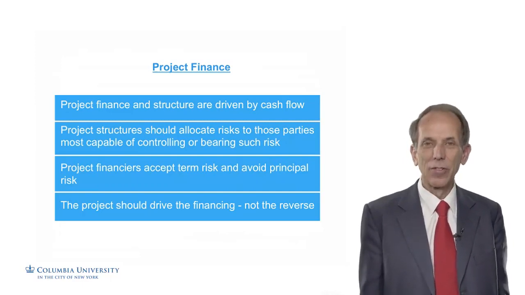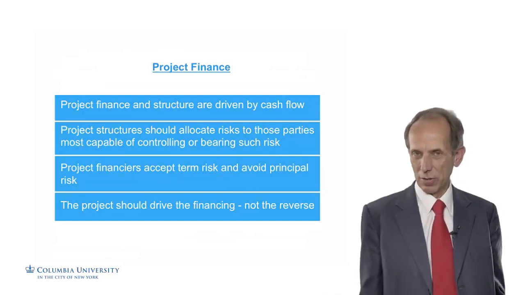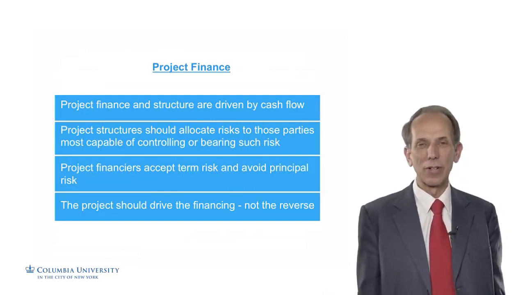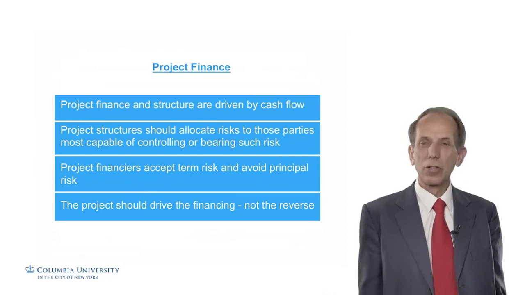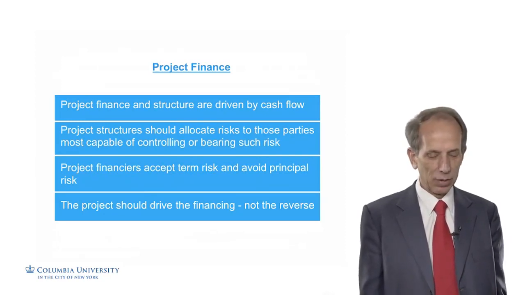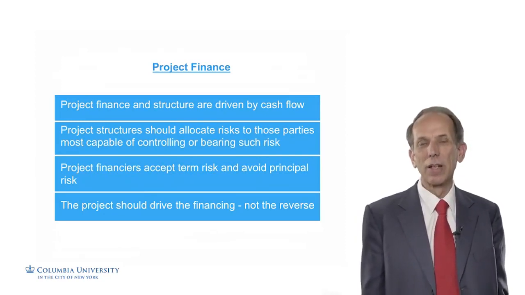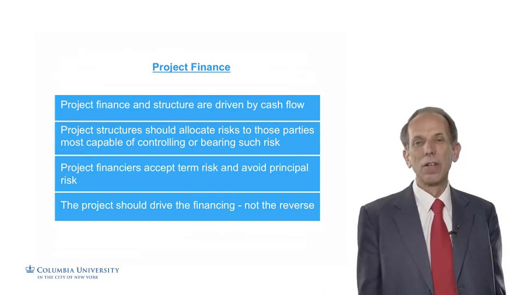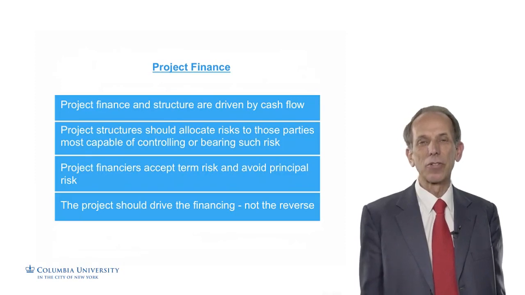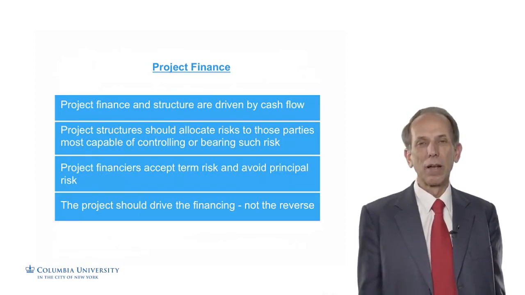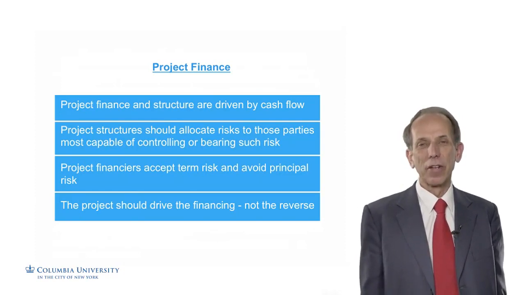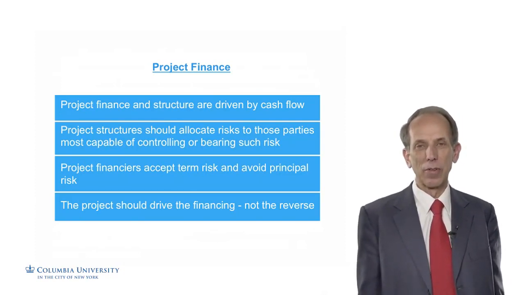The next point is the project structure, which is the contract parties and the contracts that we just talked about, should allocate risks to those parties most capable of controlling and bearing such risks. So as you're putting a project financing together, and we'll get around to the structure in a moment, it's the parties best able to control and manage those risks that the contracts should be drawn up with.